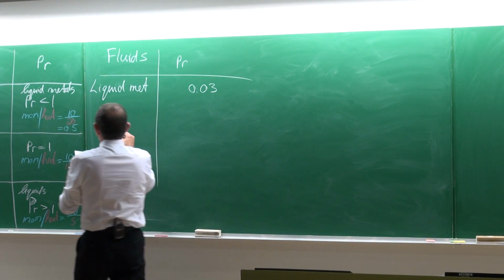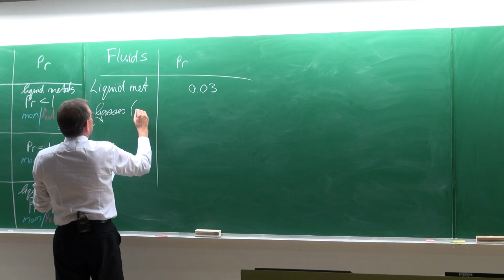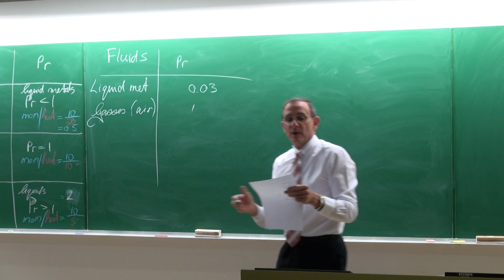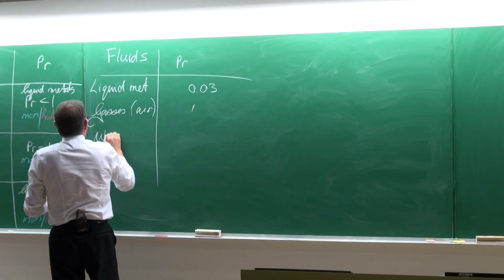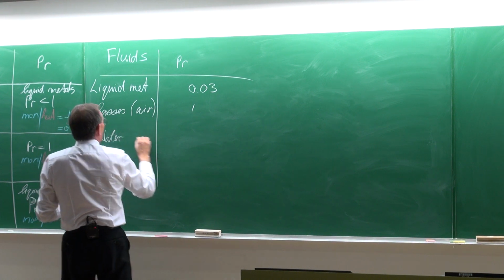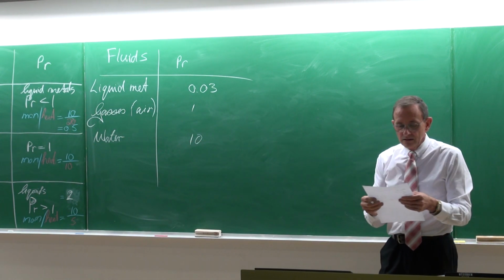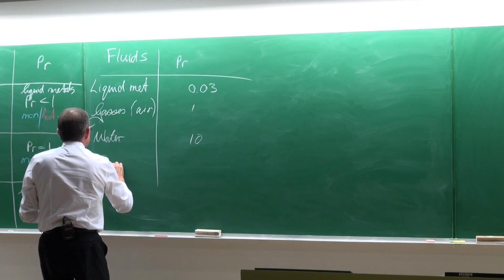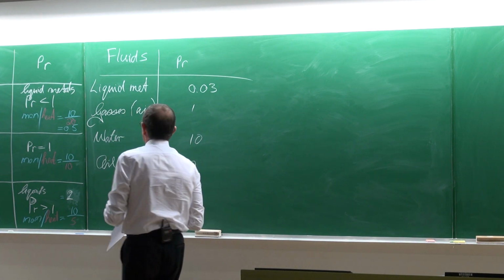For gases, typically for air, the Prandtl numbers are on the order of magnitude of about 1. We are always interested in air and water. The Prandtl number of water is approximately 10. Then oil would be values of 50 and higher.